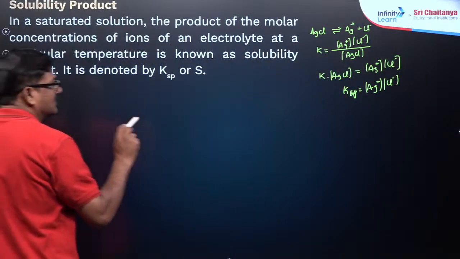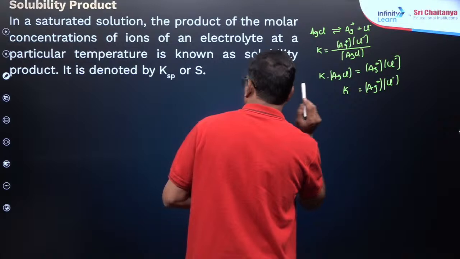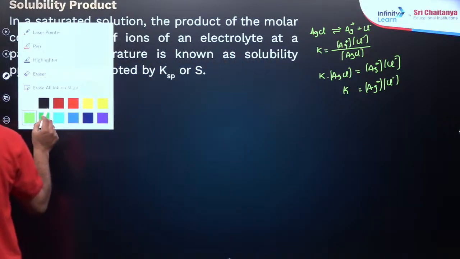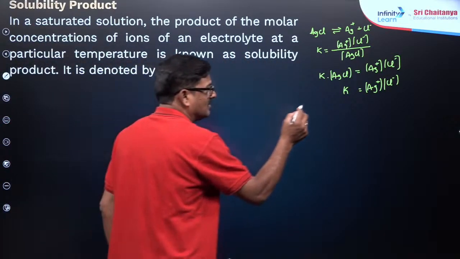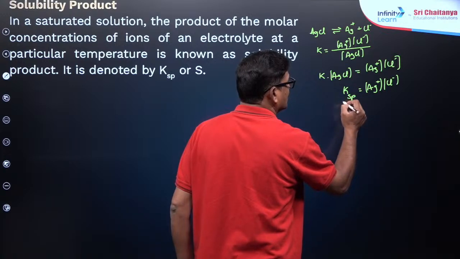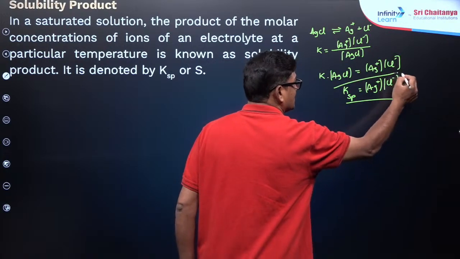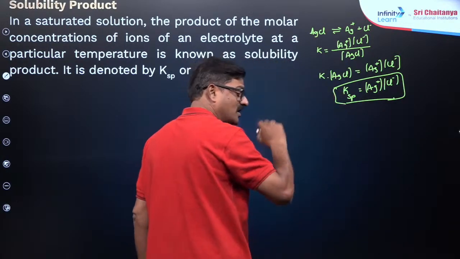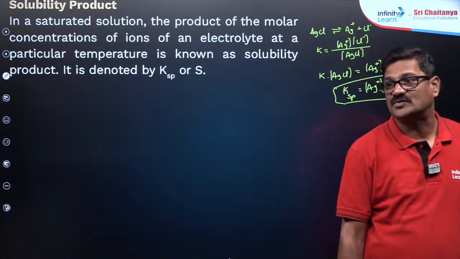In this you can say Ksp. So the product of the ionic concentrations of a sparingly soluble salt in a saturated solution. This is only applicable for a saturated solution.